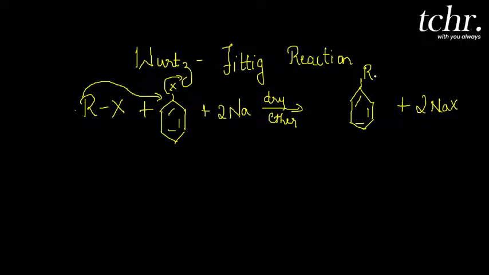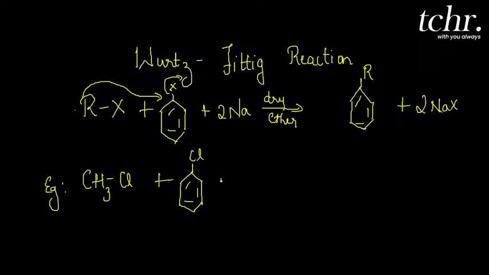This is a Wurtz-Fittig product. When I write a particular example, it will be most clear for you. So if RX, I take it as CH3Cl, and haloarene, if I take it as chlorobenzene, treat that with sodium metal in the presence of dry ether as a catalyst.